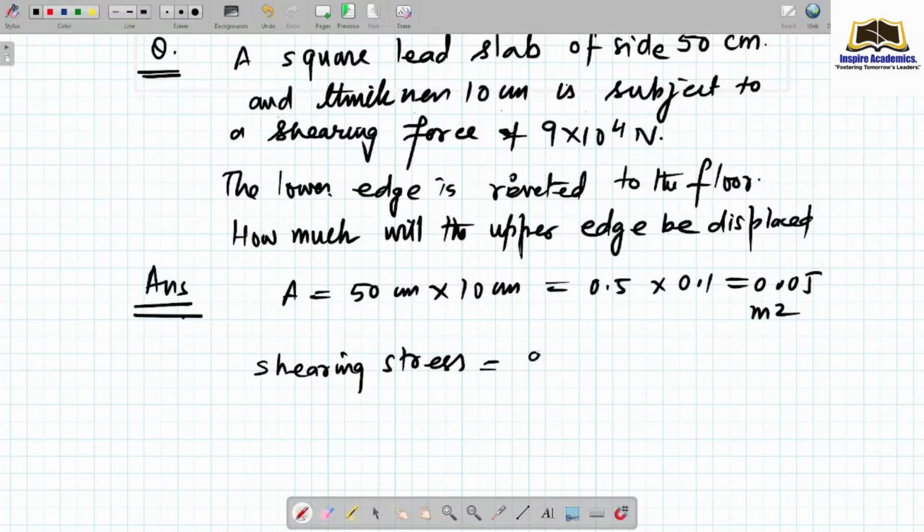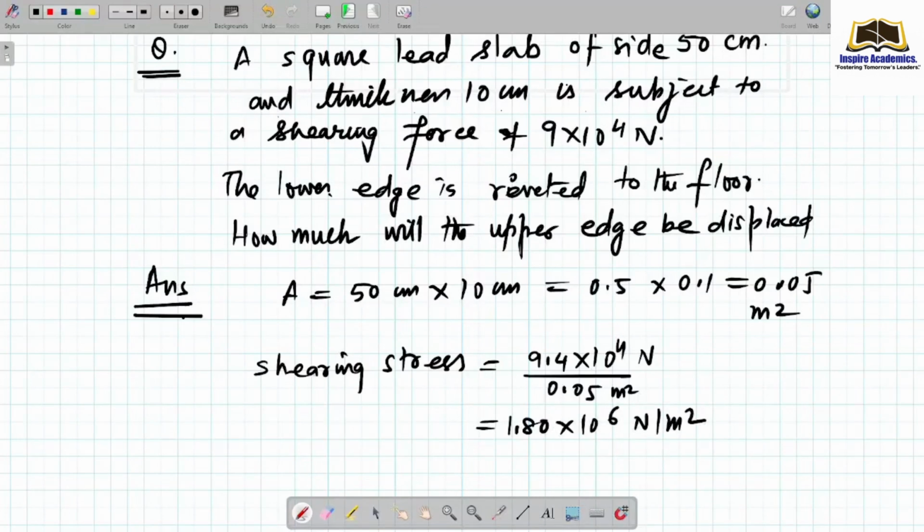So F upon A means 9 into 10 to the power 4 divided by 0.05 meter square, so it is 1.80 into 10 to the power 6 Newton per meter square. So shearing stress is found. I wrote 9.4 here, but it was 9.0. Let's write it down, it was just a printing mistake. So write 0 here. So our shearing stress is found.